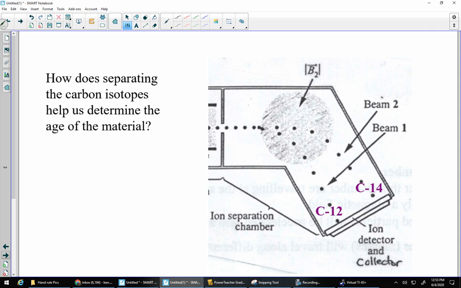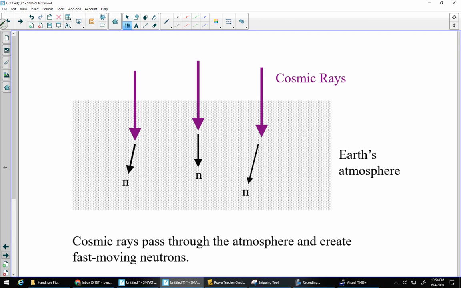So separating those isotopes, and this is where the half-life starts to come in, it helps us determine the age of a particular material. So carbon-14 is what we're going to start with. Carbon-14 is used for a lot of previously living things, like archaeological sites in the last 60, 70,000 years, bones in the last 60, 70,000 years, stuff like that.